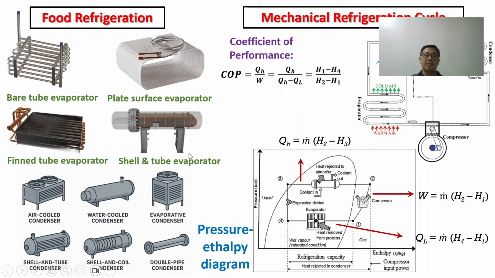The refrigerant gas passes through the tube, passes through the surface, and in the shell and tube heat exchanger changes phase from liquid phase to vapor phase. Evaporation happens. When it changes phase, it absorbs heat, right? So this is the heat exchanger used to absorb the heat.